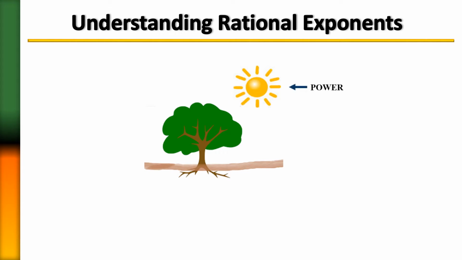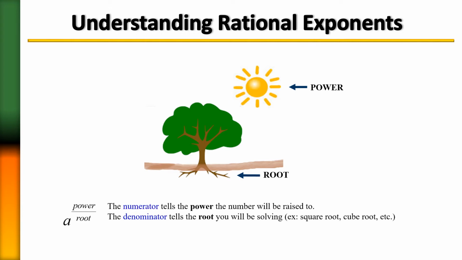So again, the top of the fraction is your power. That's what the sun here represents. And the bottom of a fraction represents the roots, and that's what it represents here in this picture. So whenever you see a number raised to a fraction or rational exponent, the numerator tells the power the number will be raised to, and the denominator tells the root that you will be solving.